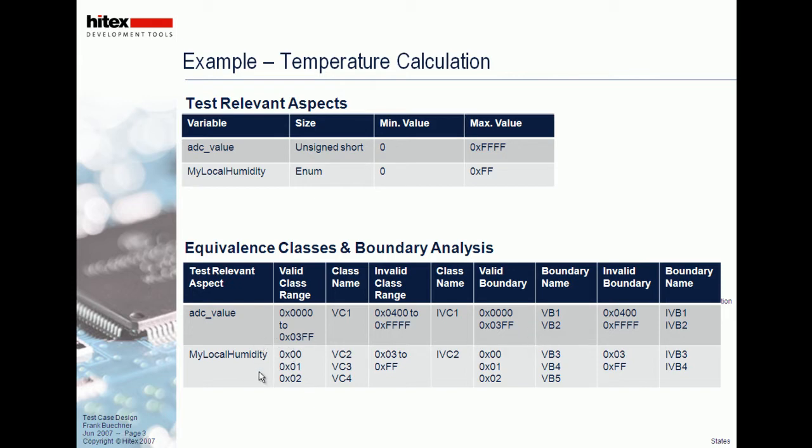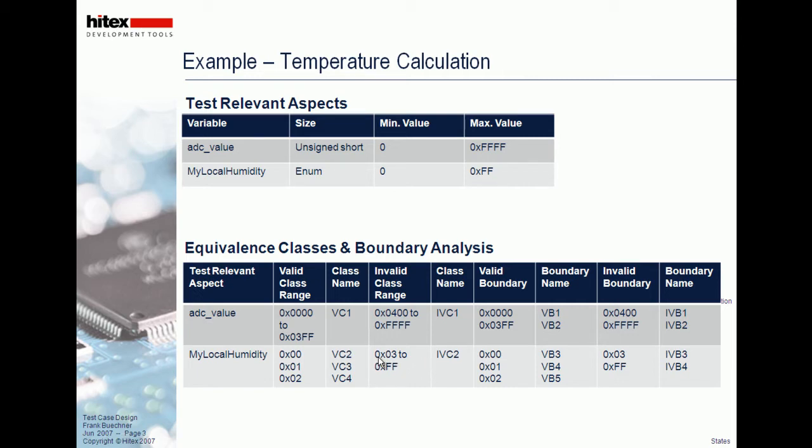For the second parameter, we've elected to have separate classes for each of the enums. So E dry, for example, has a value of 0. We call that valid class 2 or VC2. We have E normal, which is VC3, and we have E humid, which is VC4, which take on the values of 0, 1, 2 respectively, and any other value other than 0, 1 and 2 is basically invalid.